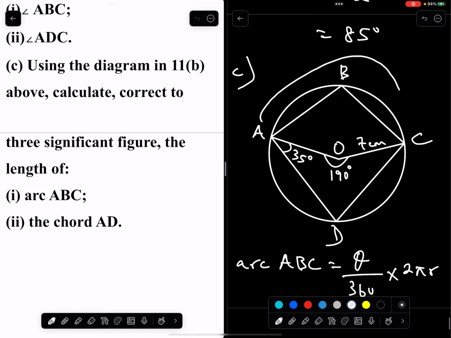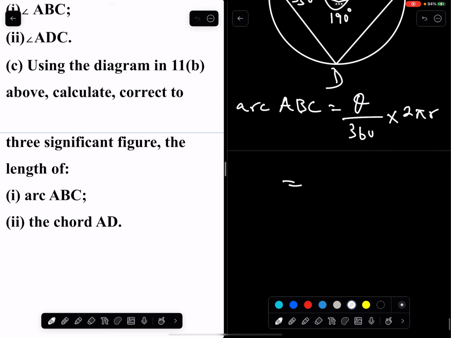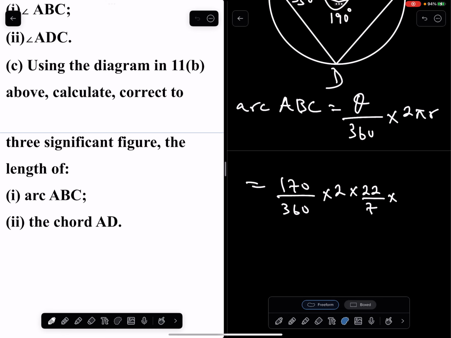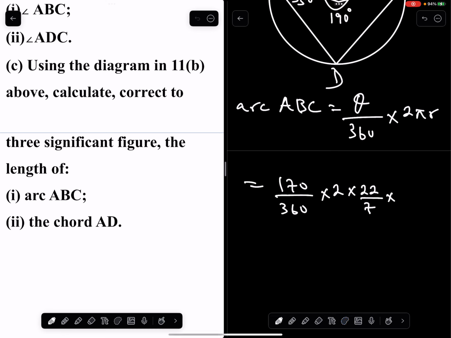Now that's the arc ABC. This is the angle it's obtained at the center, and that angle is 170 degrees. We already found that. So its length is equal to 170 over 360 times 2 times 22 over 7 times the radius. The radius is 7, since O is the center of the circle, so 7 centimeters.